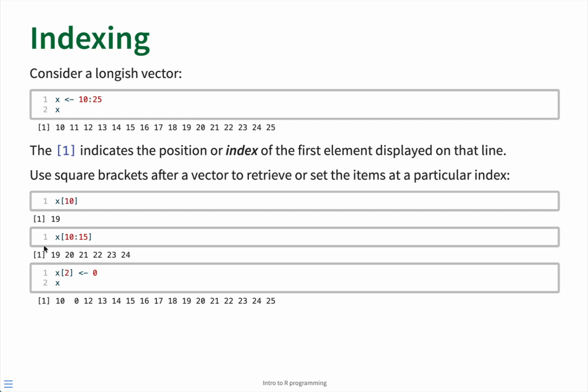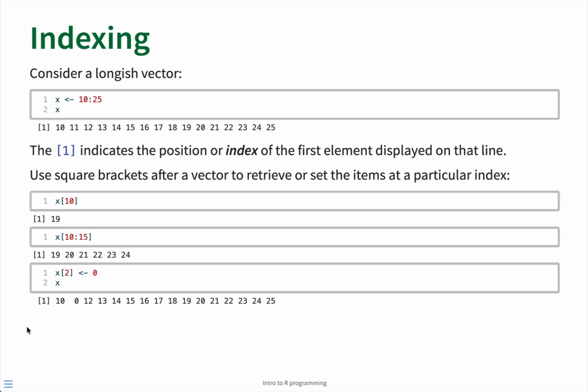If you want to get multiple items, you can use the colon operator. So this is giving us all of the items from the 10th item to the 15th item. So 19 is the 10th item, 11th, 12th, 13th, 14th, and 15th.